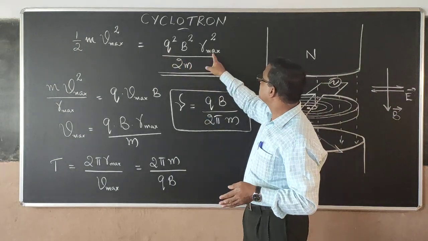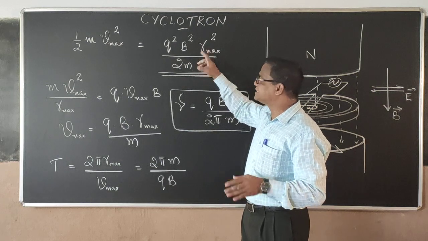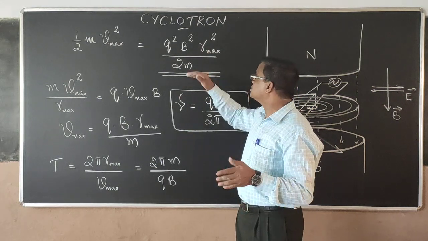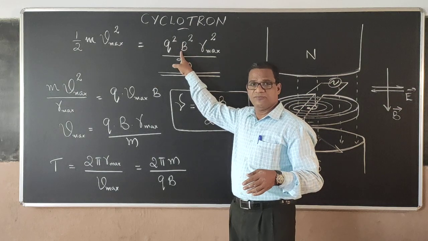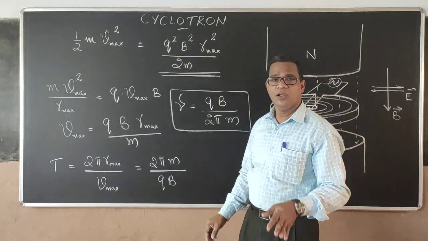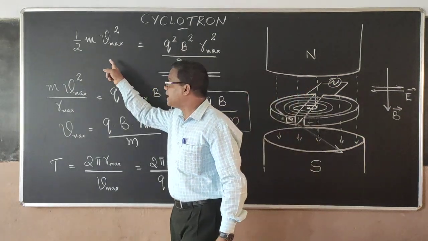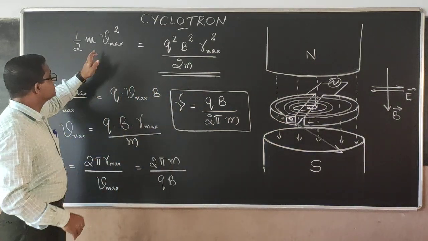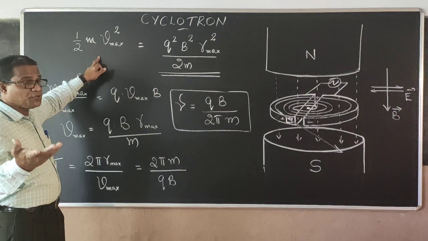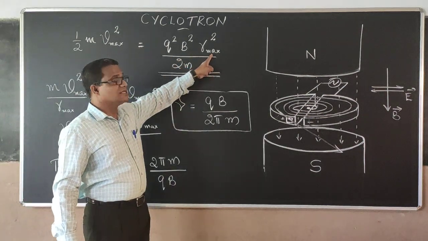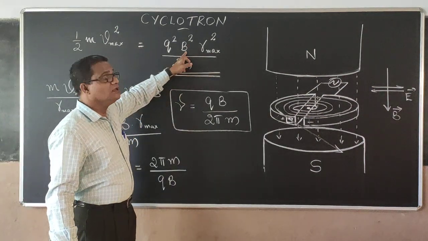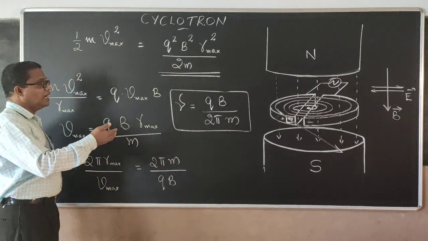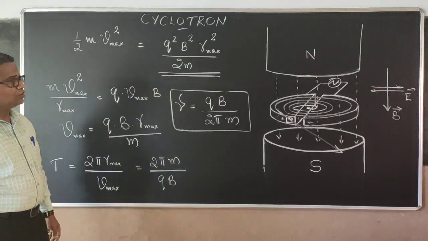Therefore, by fixing the value of R, the size of the D, and the magnetic field, you can define what is the maximum kinetic energy. Or you can decide the kinetic energy first, how much energy you require. Accordingly, you can set the D and the B for a given particle and construct the cyclotron.